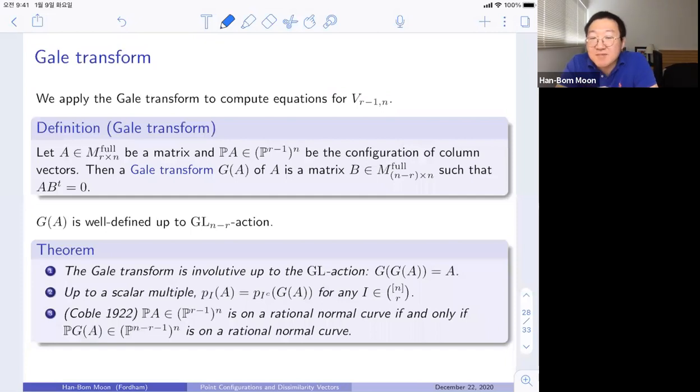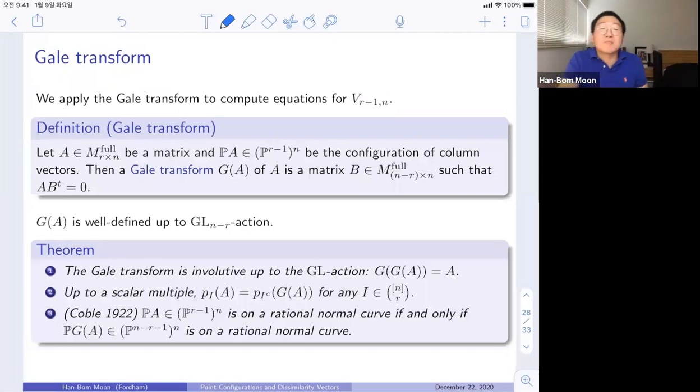Number two, this is somewhat surprising. Up to a scalar multiple, there is a correspondence between the Plücker coordinates of the original matrix, the determinants of the minors, and the Plücker coordinates of the Gale transform.